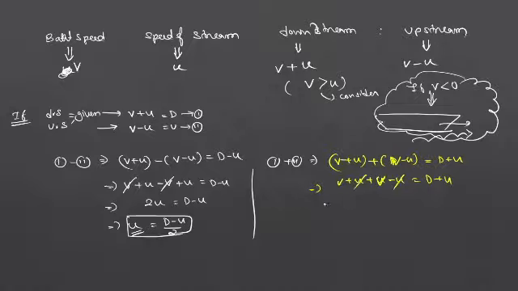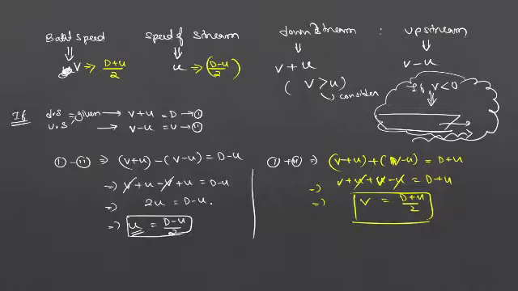Both u and u cancel, 2v equal to d plus u. Then v equal to what we did: both upstream and downstream speeds are added, then halved. And the speed of stream, if downstream and upstream are given, is (d minus u) divided by 2.